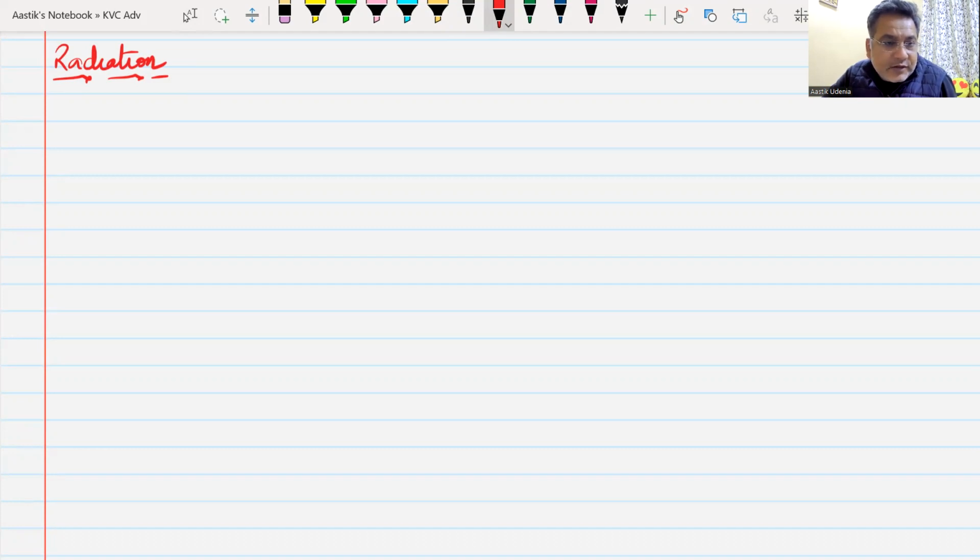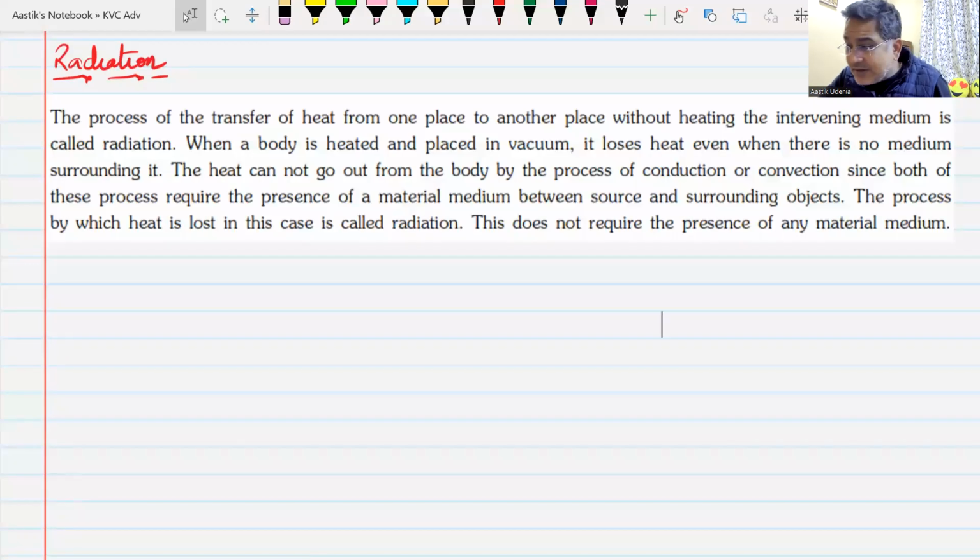Thermal radiation is the process of transfer of heat from one place to another place without heating the medium in between. So when it is traveling from one place to another place, it is not heating the intervening medium. This process of heat transfer is known as radiation.